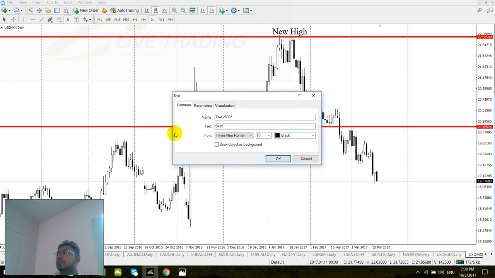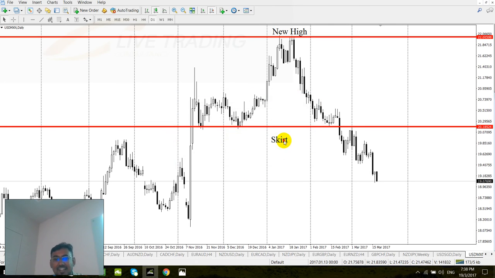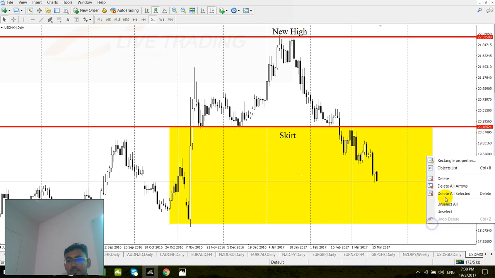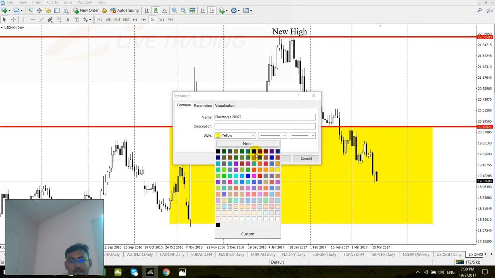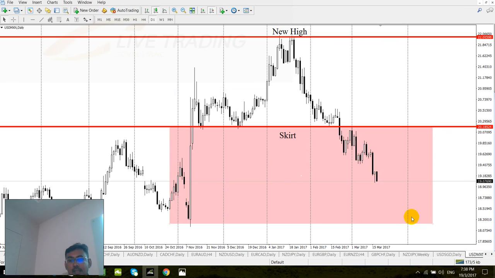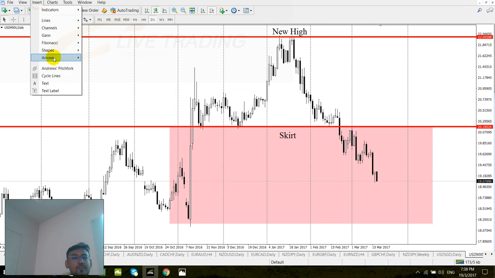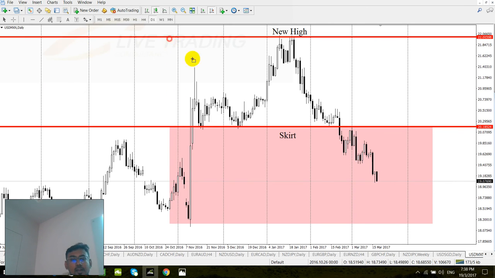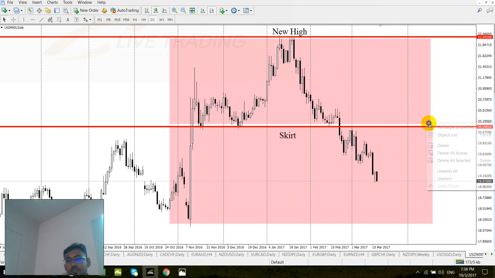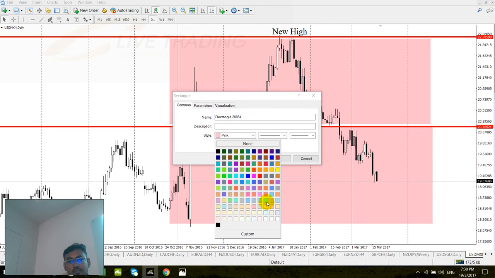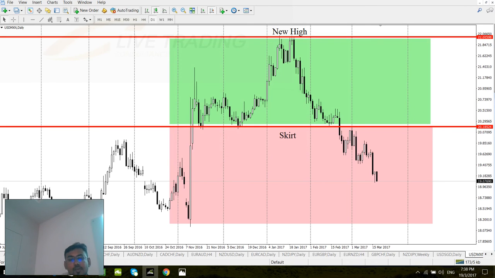Not a skirt close or mini skirt. This is skirt. Anything below skirt is whose zone? Seller zone. So I mark this with the red color. Anything above skirt is, okay. So very clear price action story.